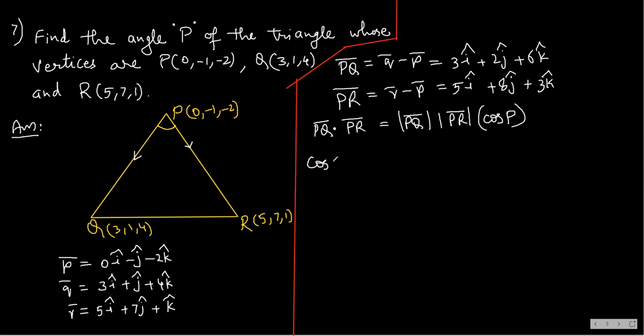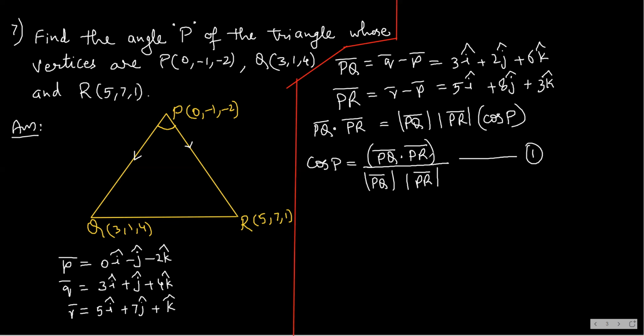Therefore, cos P will be equal to PQ bar dot PR bar upon mod of PQ bar into mod of PR bar. I write this as equation number 1. Now I will find whatever I need on the RHS and then substitute to get cos of P. Once I get cos of P, I get the angle P.